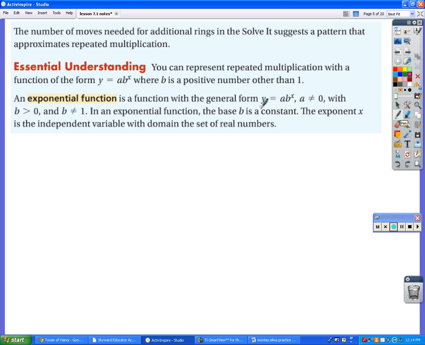So to start with, here is, as promised, your general form of an exponential function. It's y equals a number times another number to the x power. There are some restrictions on what b can equal, and b is called the base because it's being raised to a power.